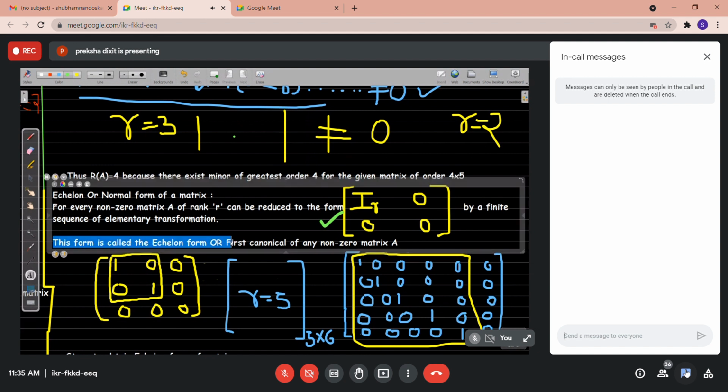So we call this form of matrix echelon form or first canonical form of any non-zero matrix A.